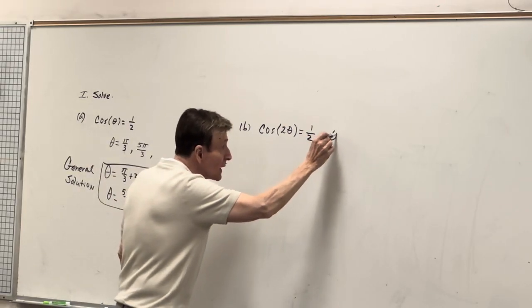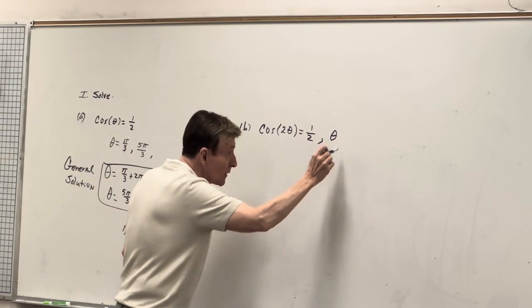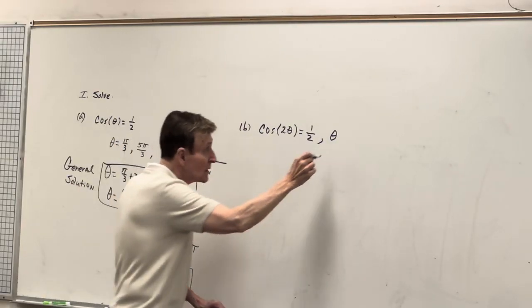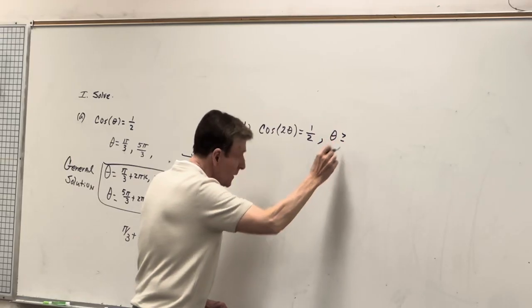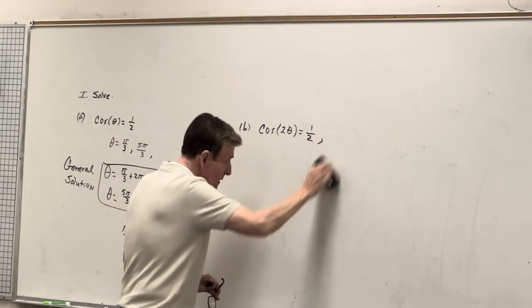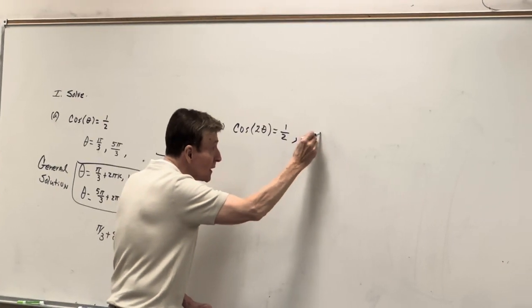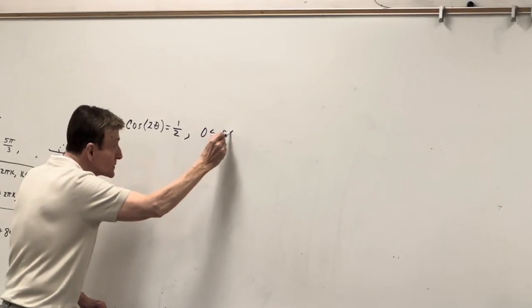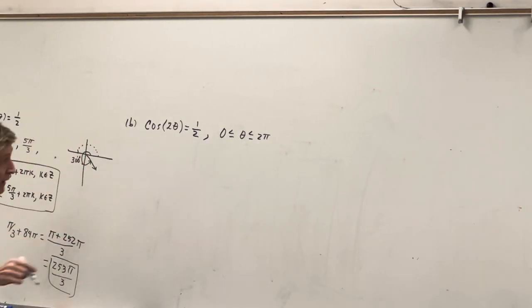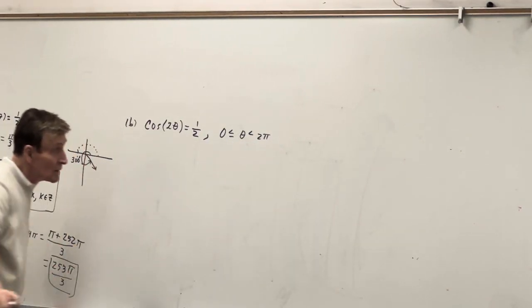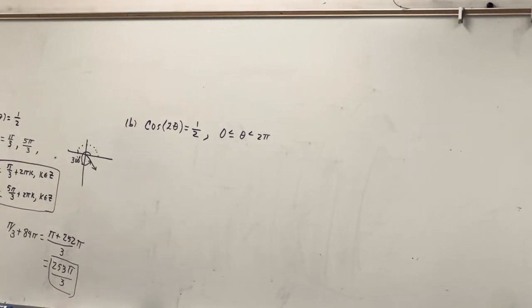Delta is greater than or equal to 0 and less than 2 pi, without equality, so 2 pi is not included. Now they're putting a restriction on us. They don't want all of them, they just want the ones between 0 and 2 pi, which is one revolution.